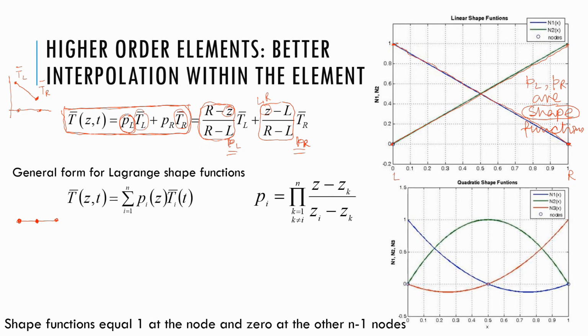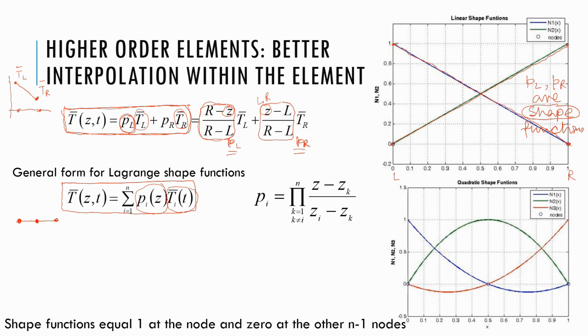Okay, so let's write down the equations for interpolation. Now, the general form of writing the interpolation equation is like this. T is a combination of these polynomials and the values at the nodes.